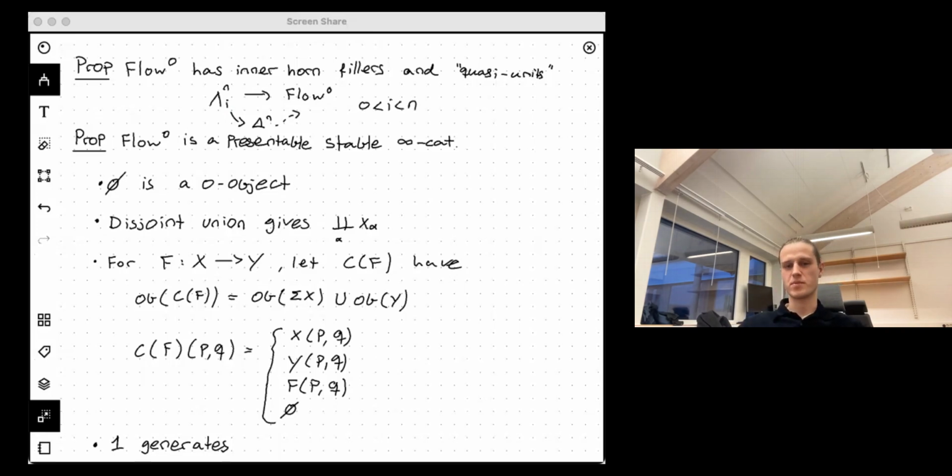So this is the semi-simplicial analog of a quasi-category. That means that it models something like a semi-category, like a non-unital infinity category.